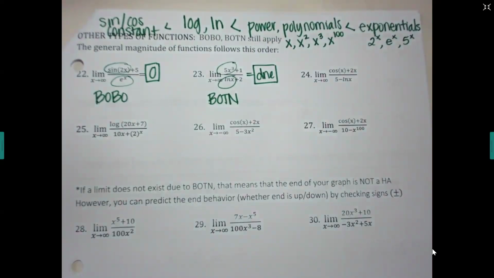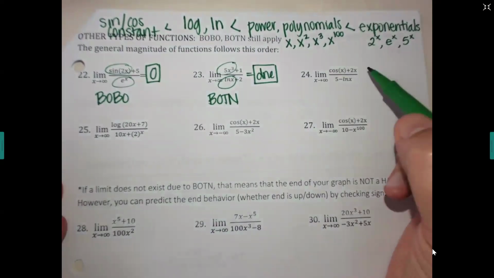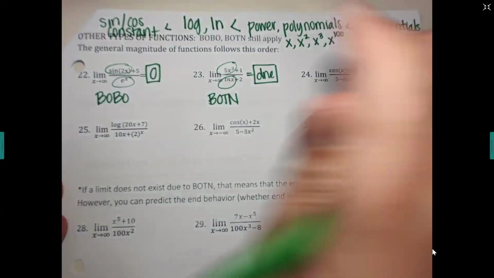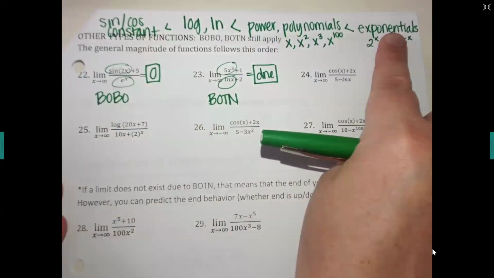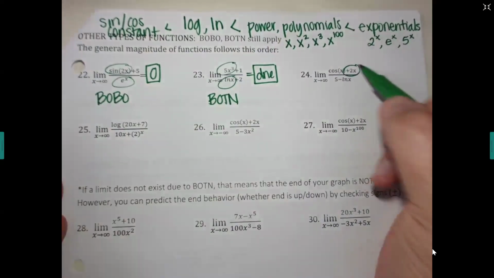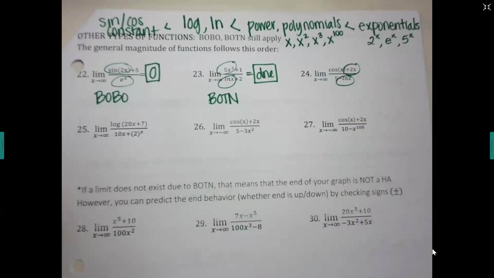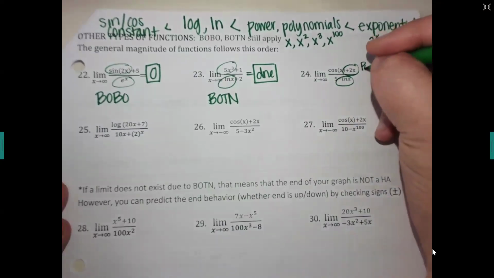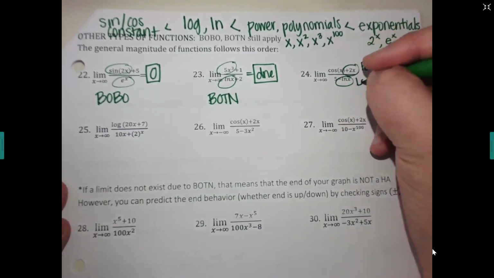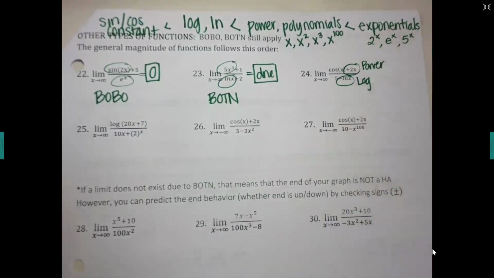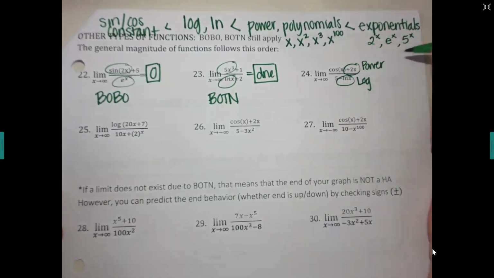Biggest thing on top, is it the cosine x or the 2x? 2x counts as which category? That counts as a polynomial. On bottom, my biggest thing is a log. Who's bigger, the power or polynomial on top or the log on bottom? Power, which makes it a DNE or a Button.